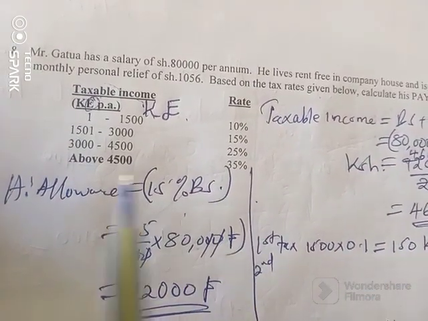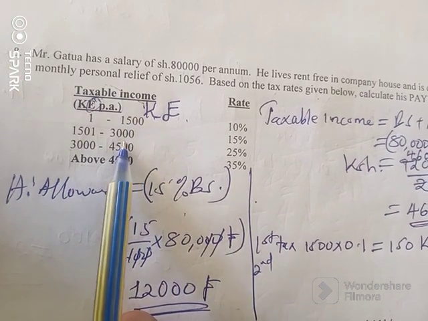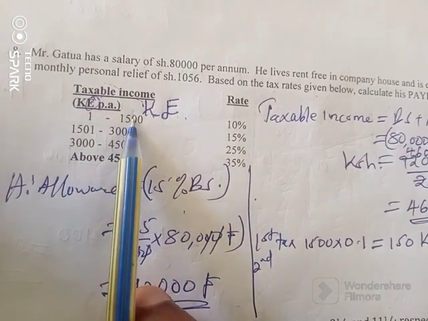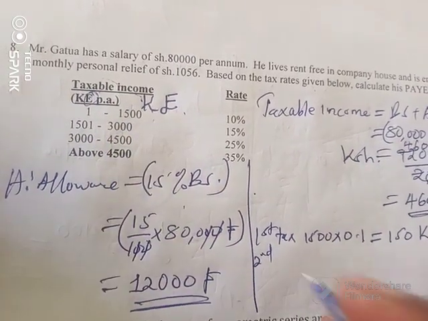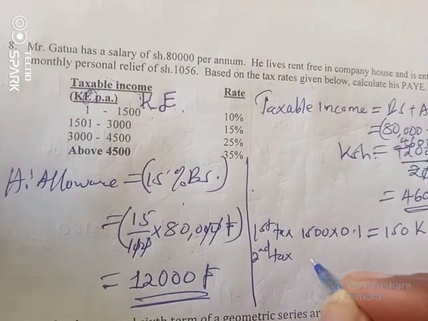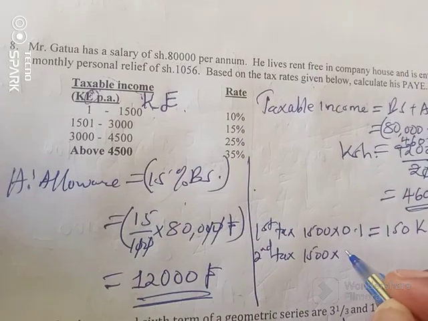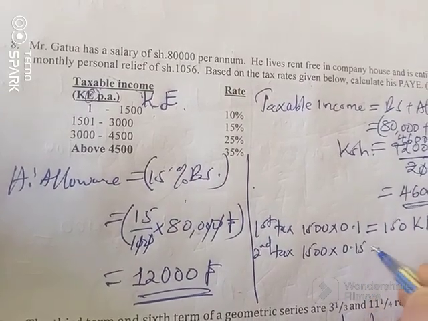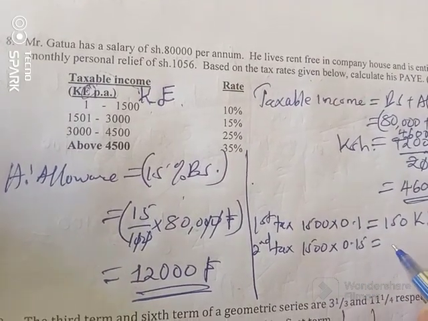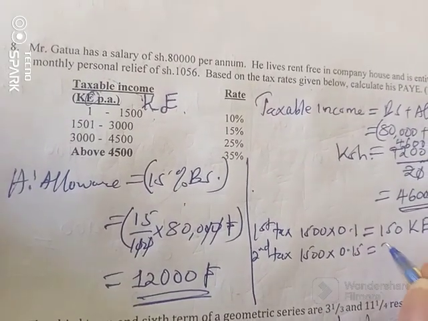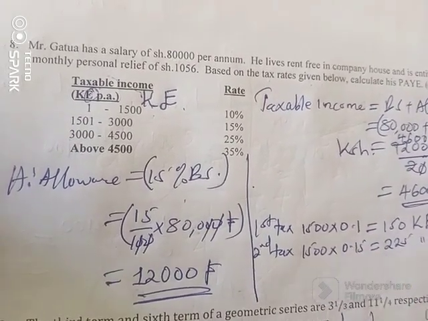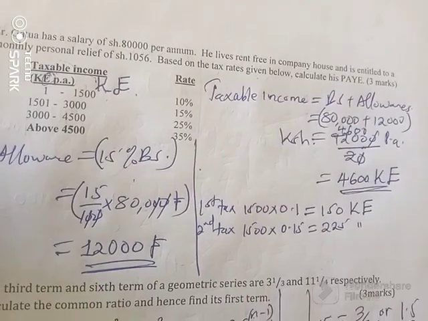Second tax, like I always say, we minus 3,000 minus 1,500, we get another 1,500, times the percentage there, 0.15. That is 15%. If you multiply this, we get 225 still Kenya pounds.